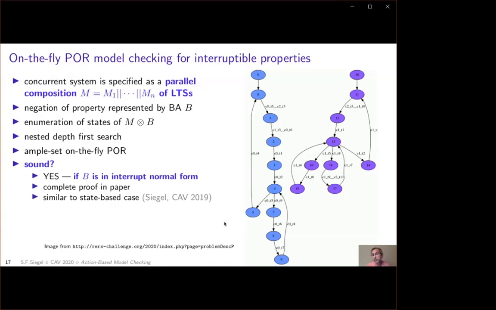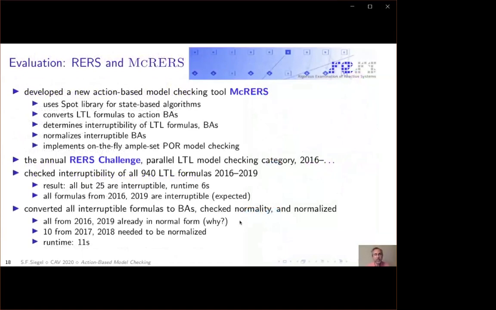This result is similar to a recent result in the state-based case. All of the algorithms I've described, we've implemented in a new model checking tool called McRERS. We've applied McRERS to a large suite of concurrent systems and LTL formulas from the annual RERS challenge.